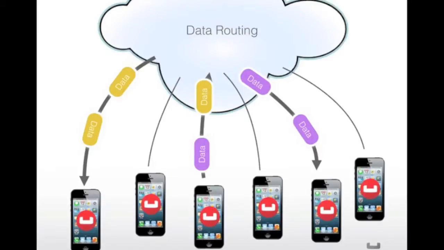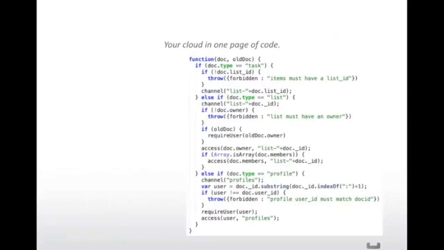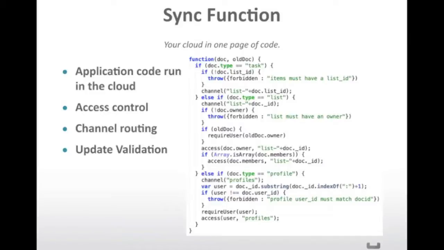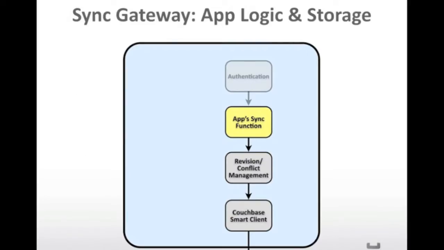And I think I've got one more thing I want to show you here, and that's the actual sync function code. So just to give you a sense of when this happens, let's take a look at stepping through the data coming into the Sync Gateway.